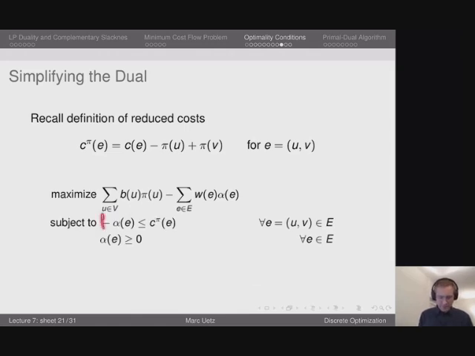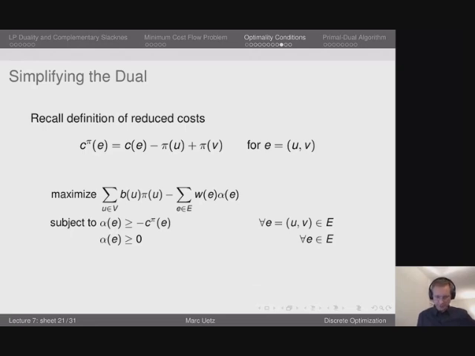And we will see that the dual constraint becomes minus alpha along an edge e is at most the corresponding reduced cost of that edge e. And for the future, it's even more convenient to write it as alpha is at least minus the reduced cost along that edge. Now, when I stare at this dual long enough, I can make a few observations.